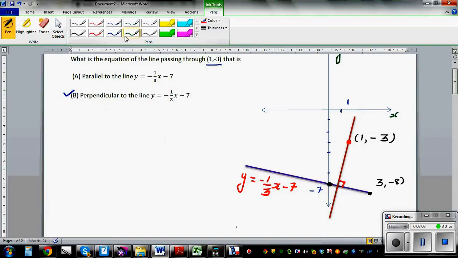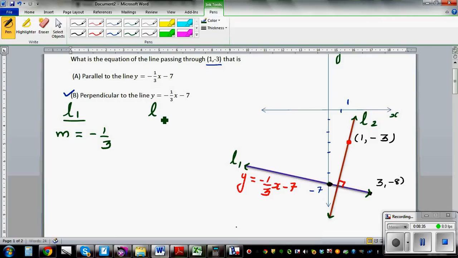And there is a simple rule to find the gradient of this line. So let's call this line L1, and this is, say, L2. It's good to name. So for L1, the gradient is negative 1 over 3.